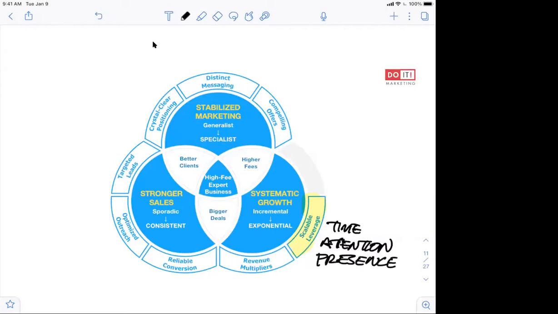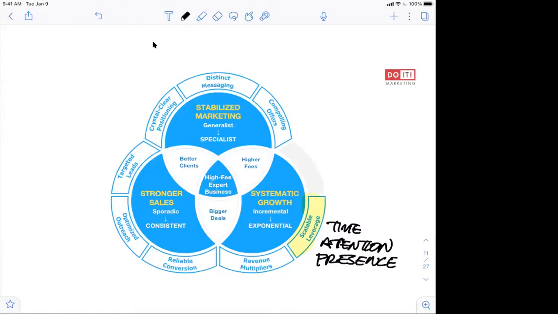Even if it's a nice, profitable job, is your economic value separate from your time, attention, and presence? So that you stop trading hours for dollars, you need to create assets and programs and revenue streams that can be built once and sold over and over and over again at scale.